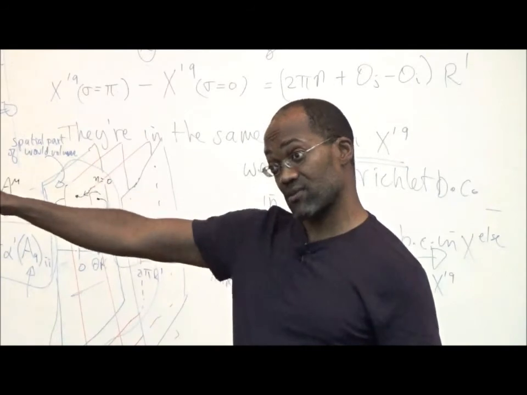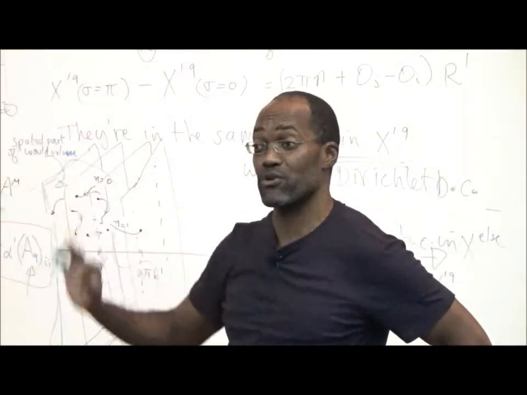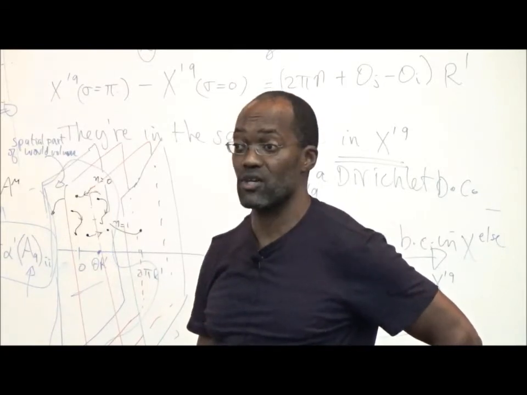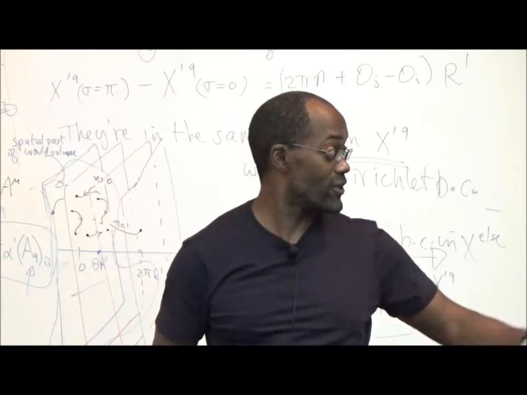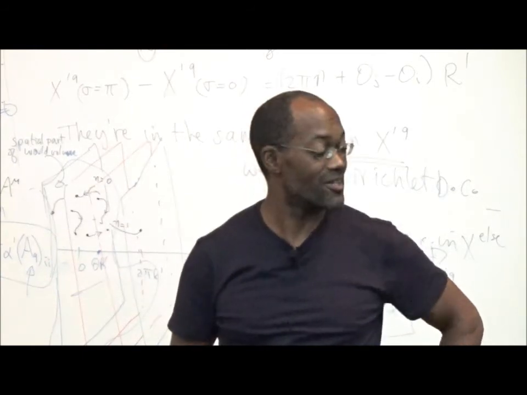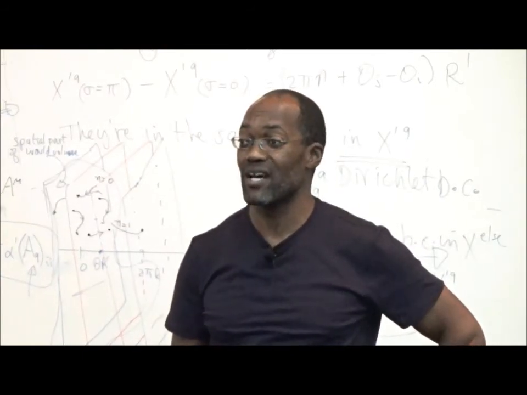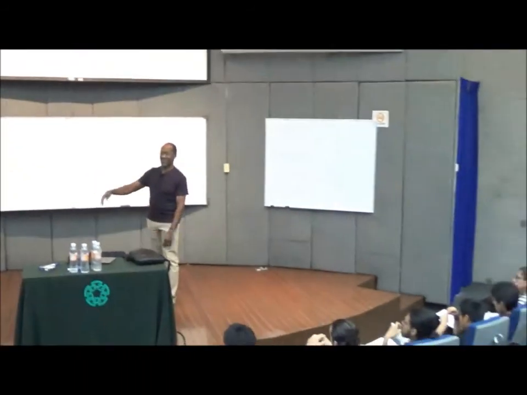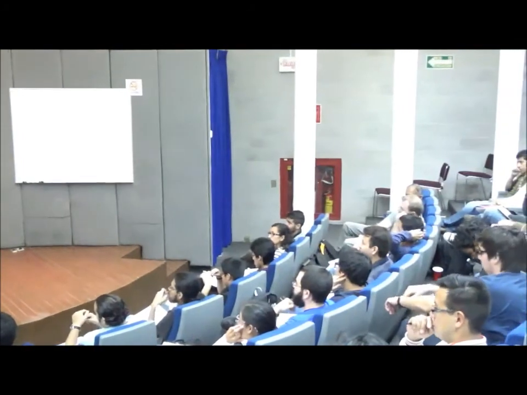And the simplest prototype of that is the string on the circle at the self-dual point. In fact, we have one of the world's experts who's going to tell you about dualities. I'm not sure he'll be talking about that, but he knows an awful lot about it.